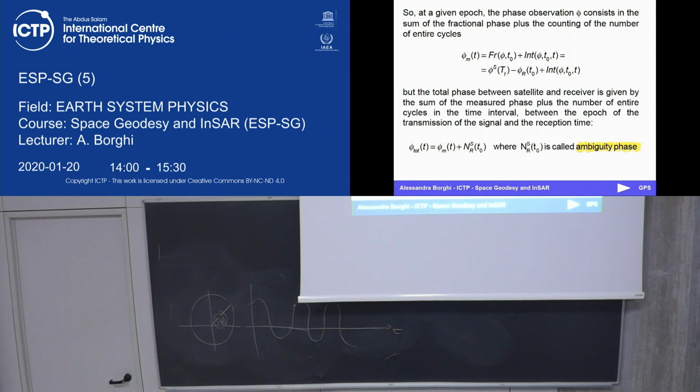So what we measure is the fractional part plus the integer part, and the fractional part is due to the difference between the satellite signal and the replica produced by the receiver. But the total phase between satellite and receiver is given by this measured part plus this number of integer cycles between satellite and receiver.